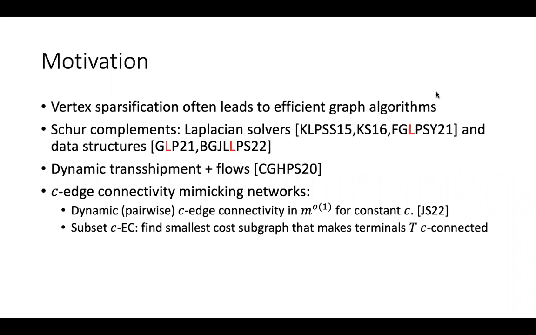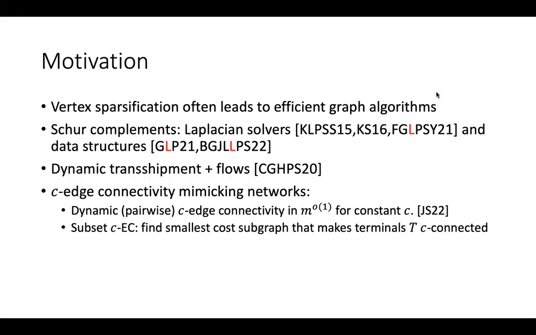Along these lines, recent works have used C edge connectivity mimicking networks as defined on the previous slide to give dynamic pairwise C edge connectivity in m to the little o of 1 amortized time for constants C. So with C equals 10, we can add edges to a graph, delete edges from the graph, and query C edge connectivities in amortized m to the little o of 1 runtime.